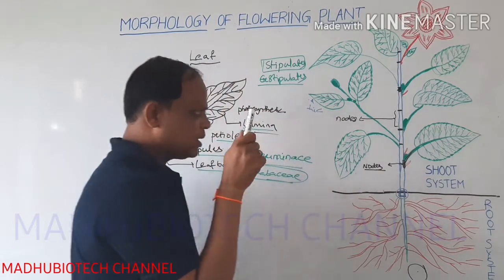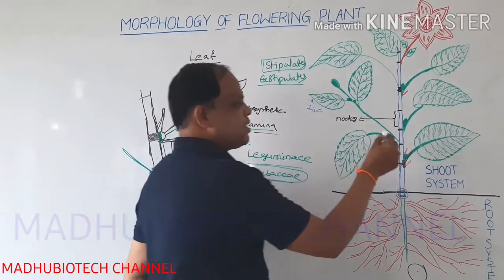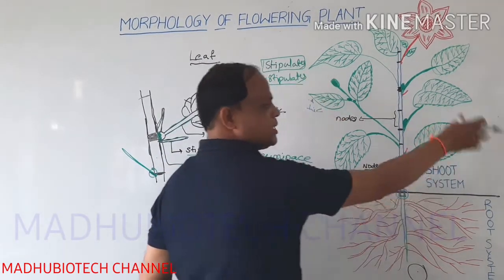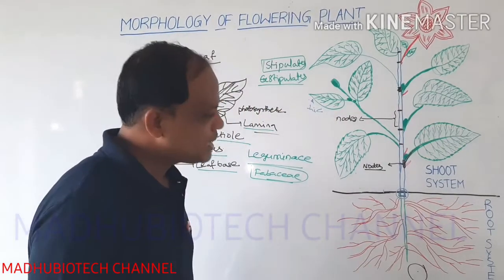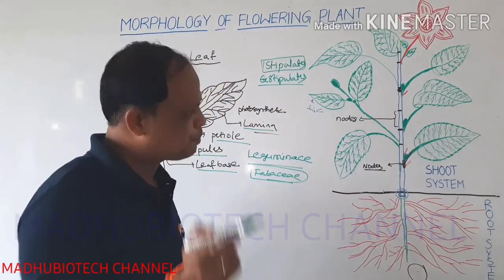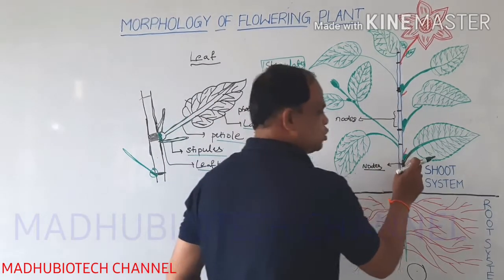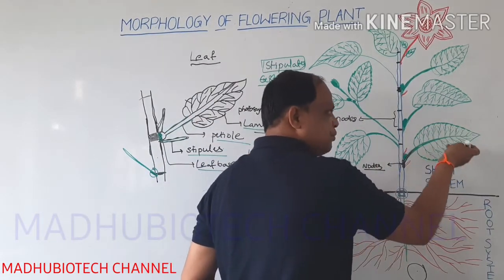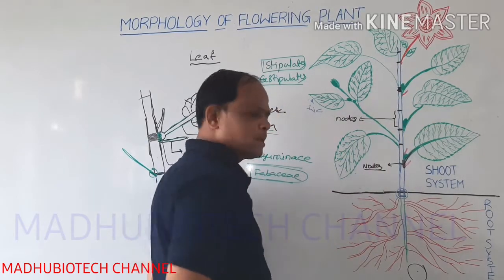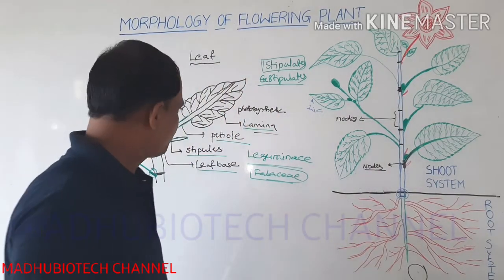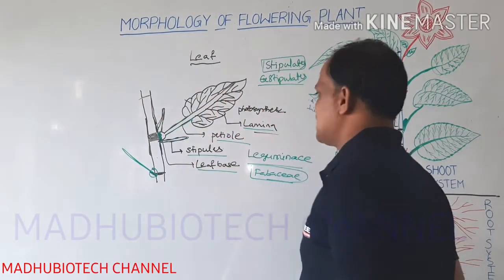In the same way, this is the photosynthetic part. These leaves synthesize food materials by the process of photosynthesis, and that food is transported from the leaf to various parts of the plant. So this is the petiole structure.